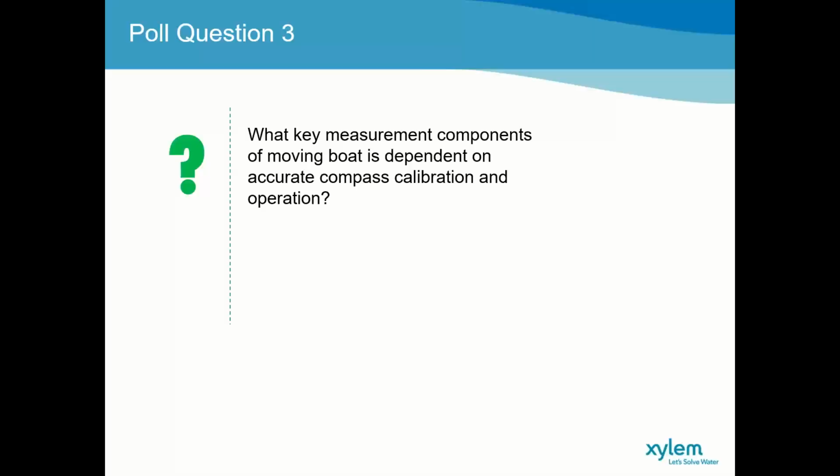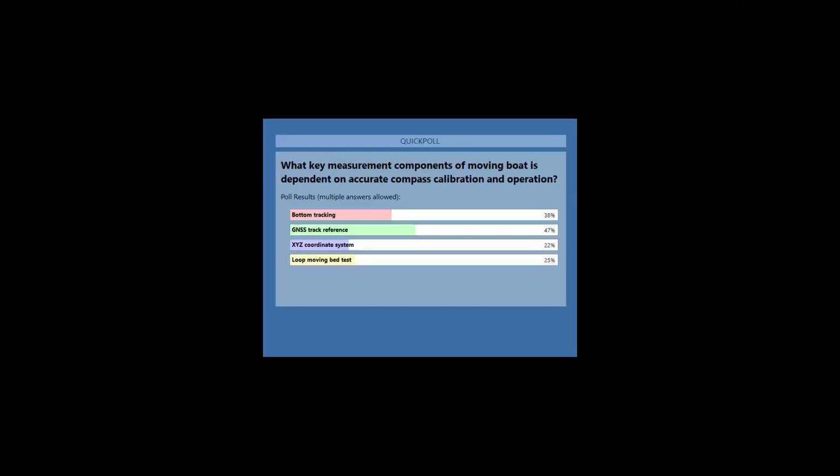So allow me to share the results. It looks like the most popular response was GNSS track reference, followed by bottom tracking. Daniel, what do you have to say about this?